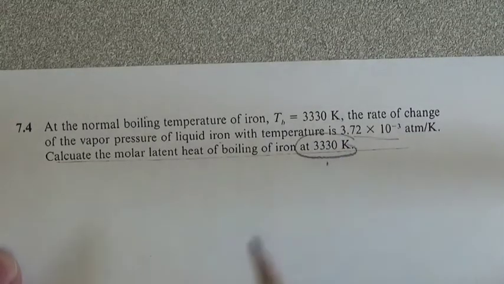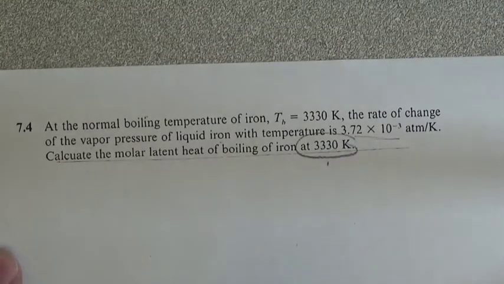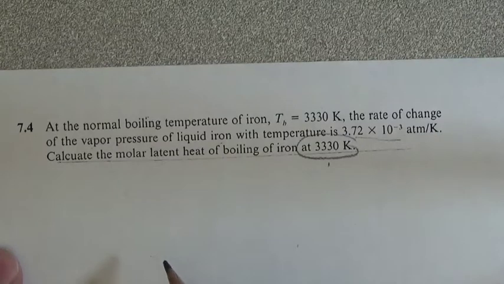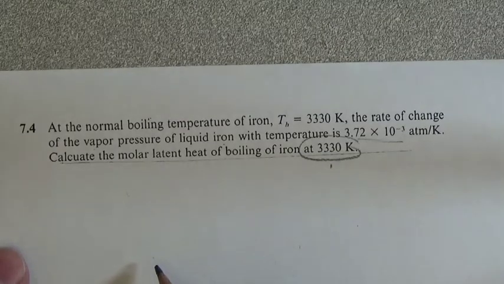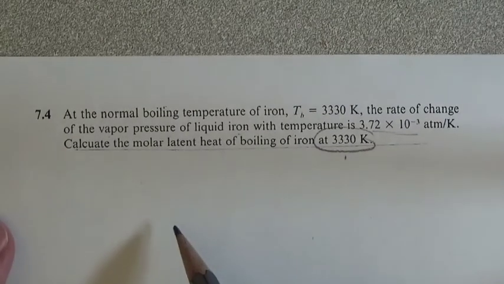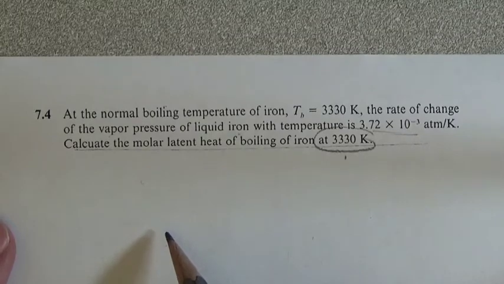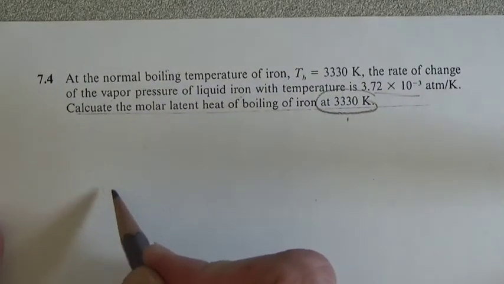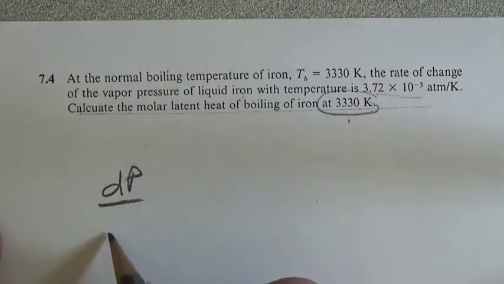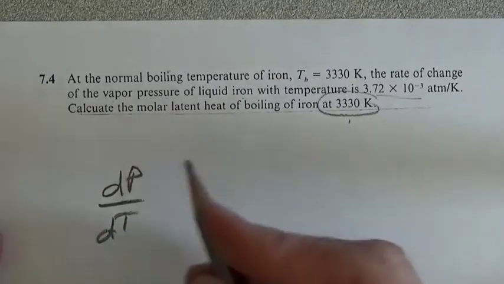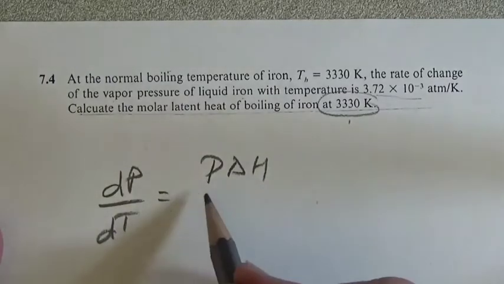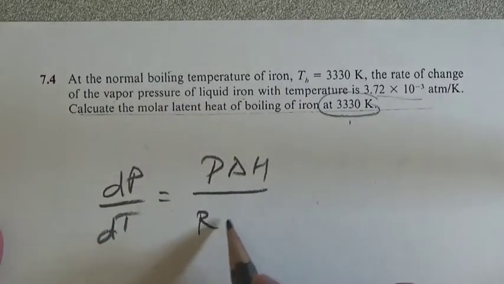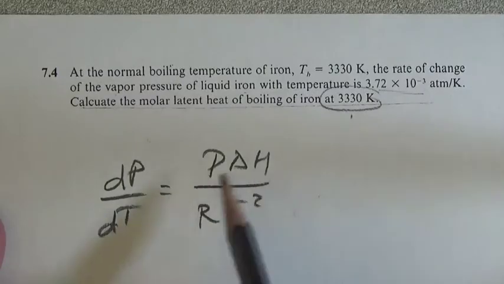at 3,330 K. Well, you can probably tell from the wording of this problem, which is a little bit fictitious, that you're going to be working with the Clausius-Clapeyron equation, in which you have dP by dT is equal to P delta H over RT squared.